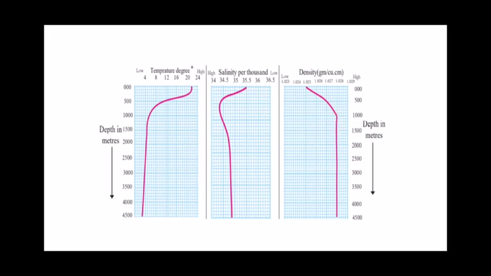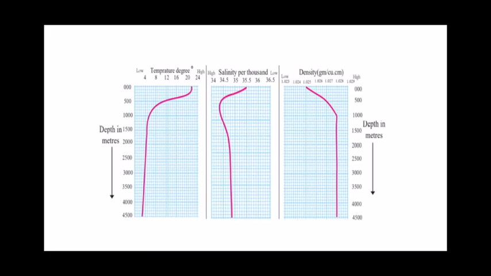So after the depth of 1000, you can see the line is straight, it is not curvy at all. That means after the depth of 1000, for every factor there is no change at all. The pink line that you can see is in a straight line.